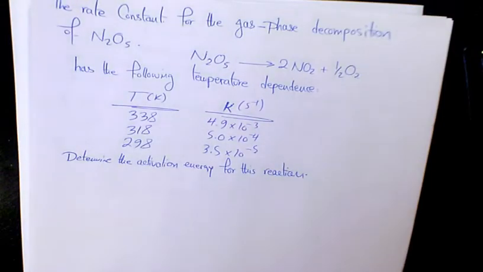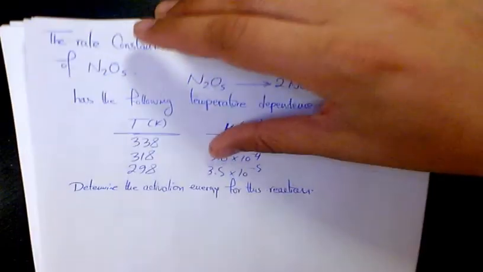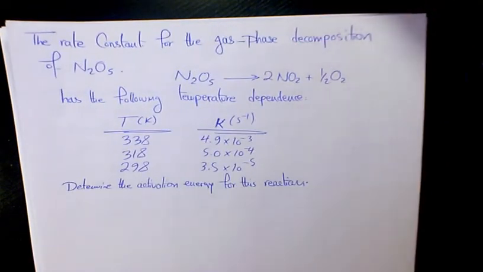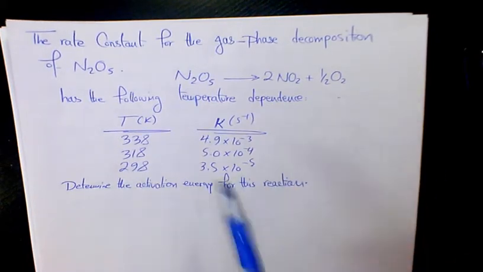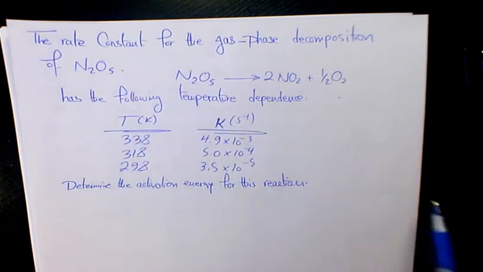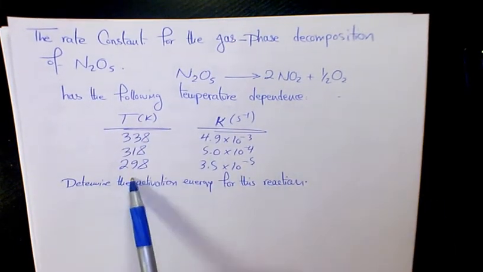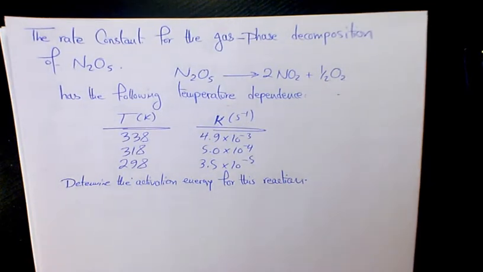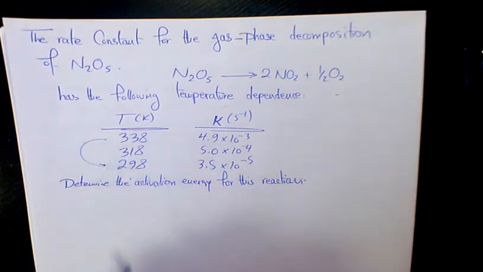Let's see another example. The rate constant for the gas phase decomposition of N2O5: N2O5 gives us 2 NO2 plus half of O2, and has the following temperature dependence. For 3 different temperatures in Kelvin, we got 3 different values for K. Determine the activation energy for this reaction. It's very similar to the previous one. So let's consider the first one and the last one.